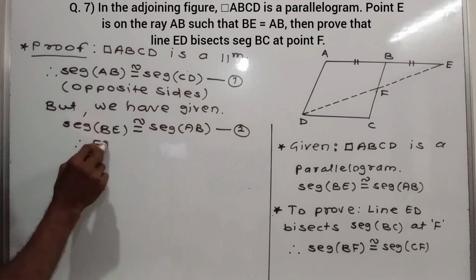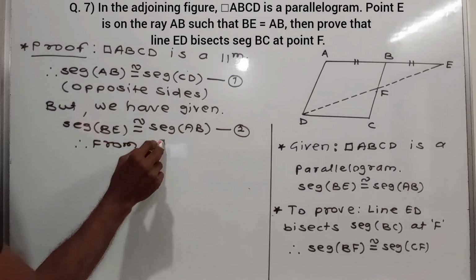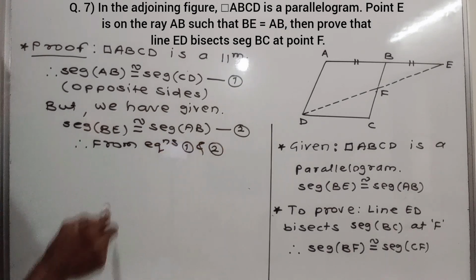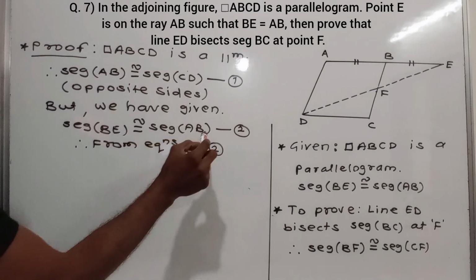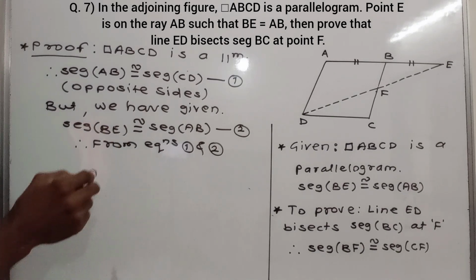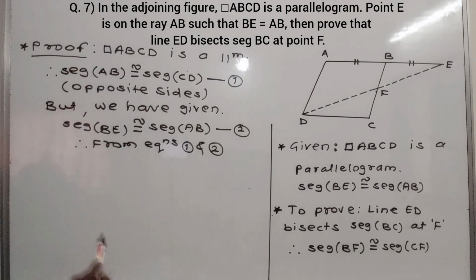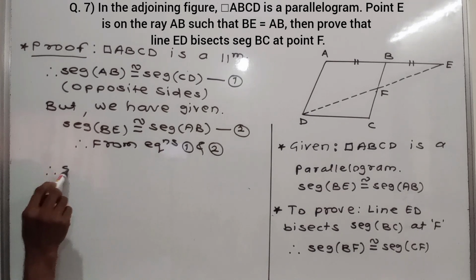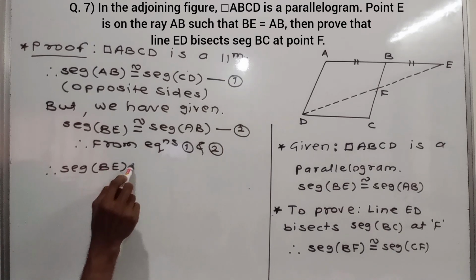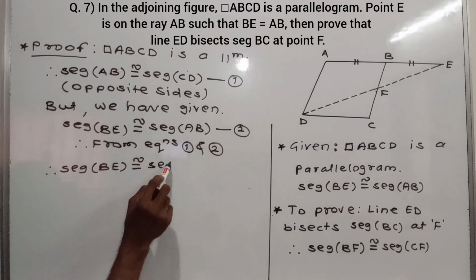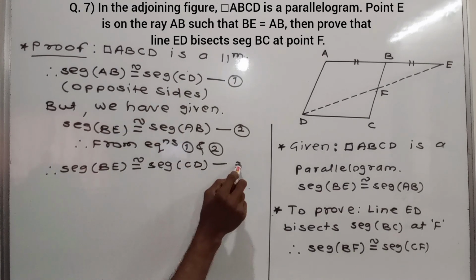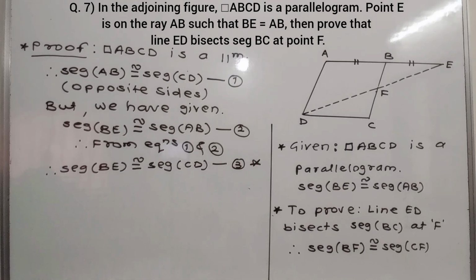Therefore, from equations 1 and 2, segment AB is the same in both, so these are also congruent. Therefore, we write segment BE congruent to segment CD. This is our very, very important point.